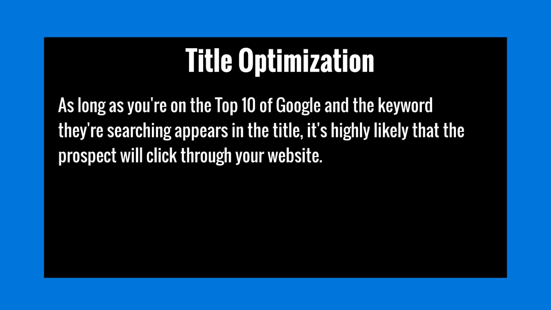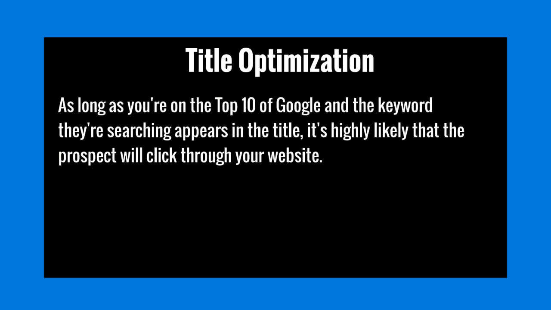Now, as basic as this sounds, I want to make sure that you understand that it's important. Most of your competitors are not really going to do this. And if they are, they're going to miss something along the way, right? What we've seen over the years is sometimes they'll have the title right, they'll have the URL structure right, but when people go to the content, it just doesn't make sense.